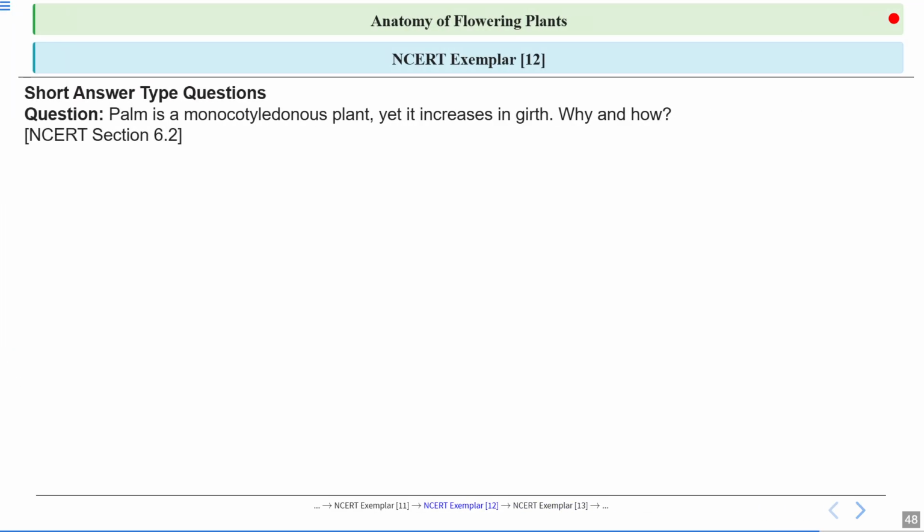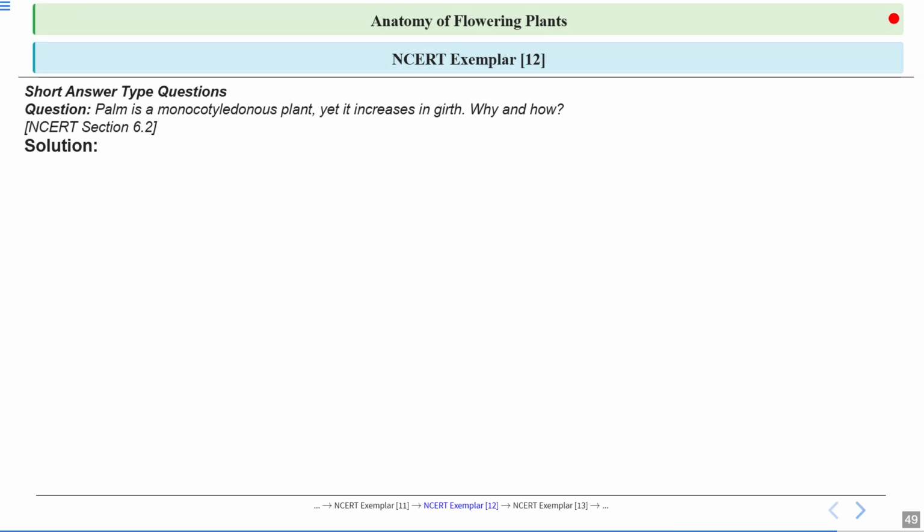Next question. Palm is a monocotyledonous plant, yet it increases in girth. Why and how? Let us see the answer of this question. It is a monocot, and generally we see that monocots do not show any secondary growth. So palm shows secondary growth despite being a monocot.